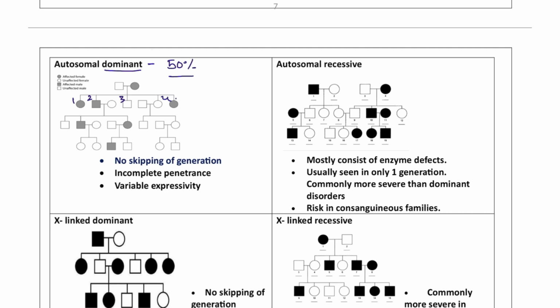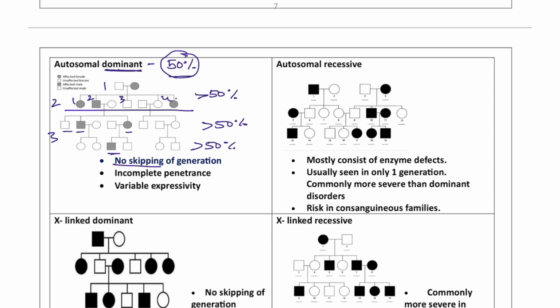If you observe, this generation is involved, and almost more than 50% have the traits passed on. Let's see the next generation. Here also they have three children and more than 50%. Even in the next generation, 50% is involved. So you have to understand that autosomal dominant is present in the first generation, second generation, third generation. All the generations are involved.